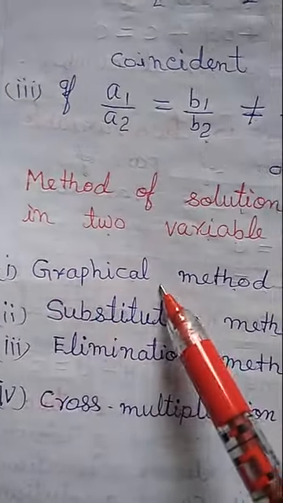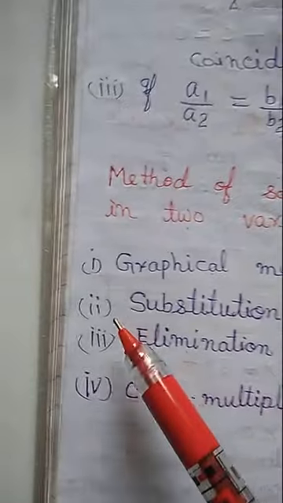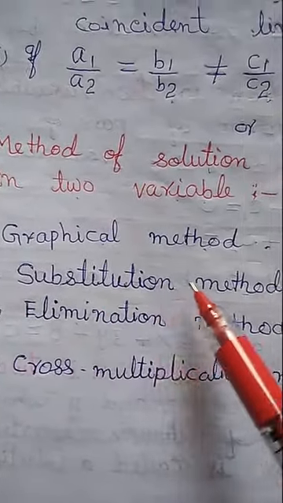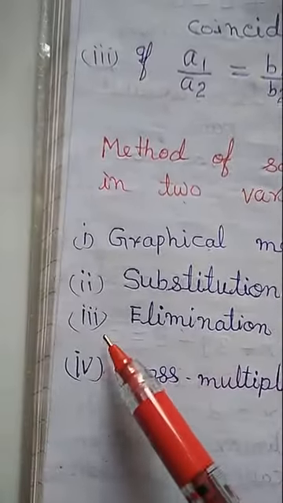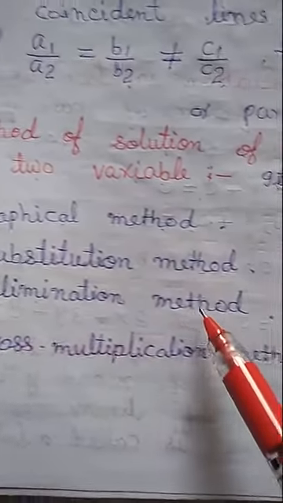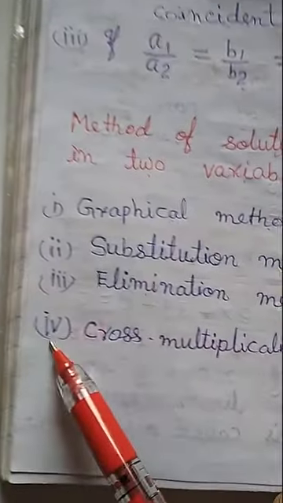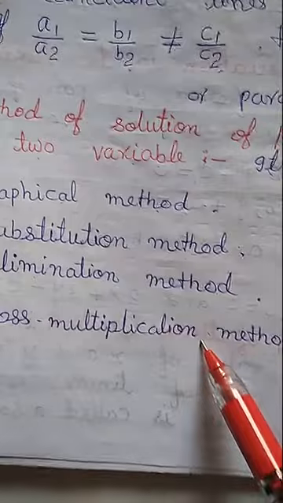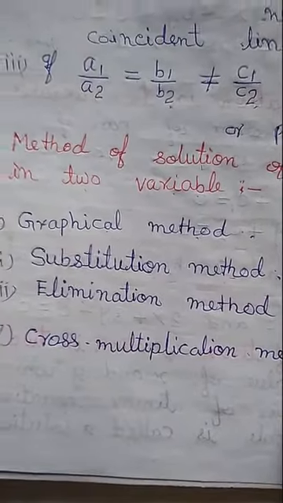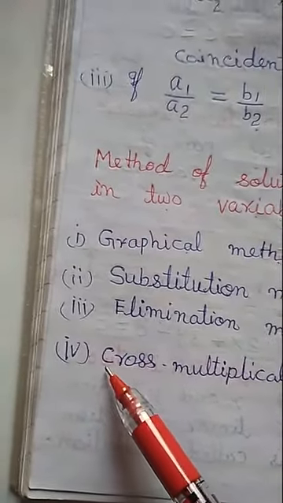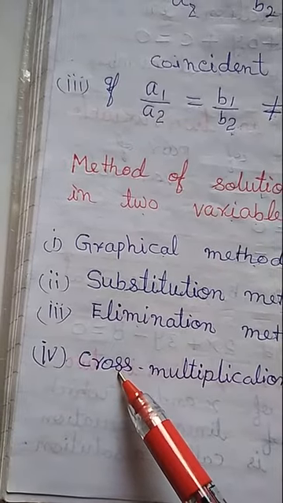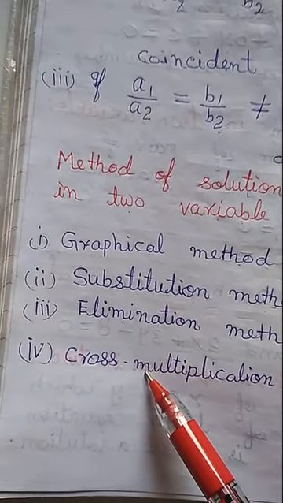First, graphical method. Second, substitution method. Third, elimination method. Fourth, cross multiplication method. But the fourth method is deleted.